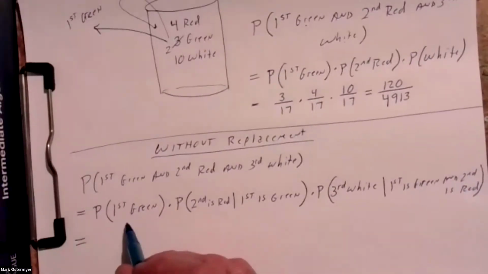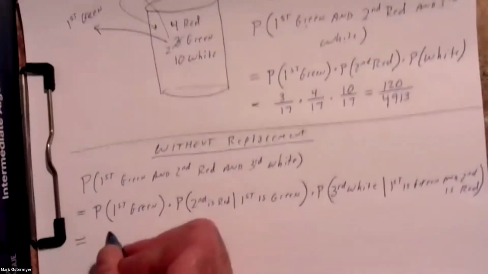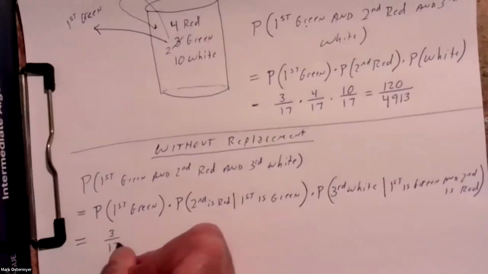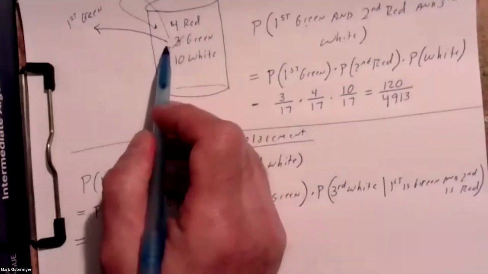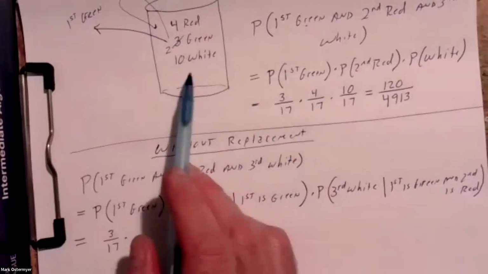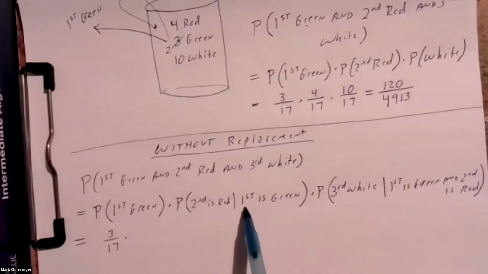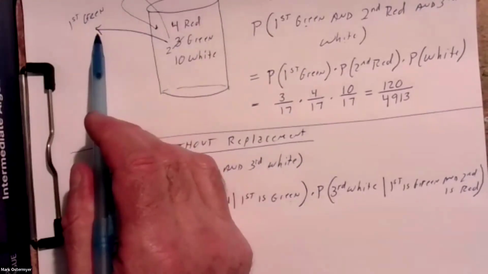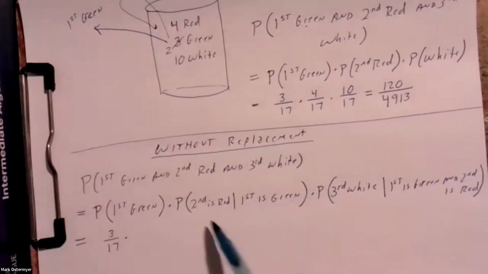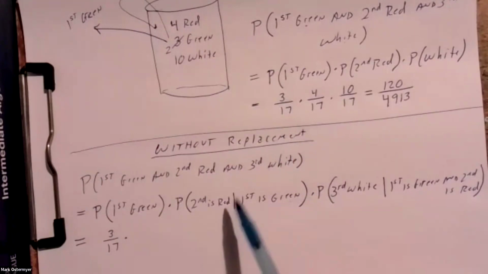So the probability that the first ball selected is green is going to be 3/17 times, but we keep the green ball out. And then we reach in a second time, then given that the first ball selected is green and we keep it out of the container, we do not replace it. What is the probability the second ball selected is going to be red?